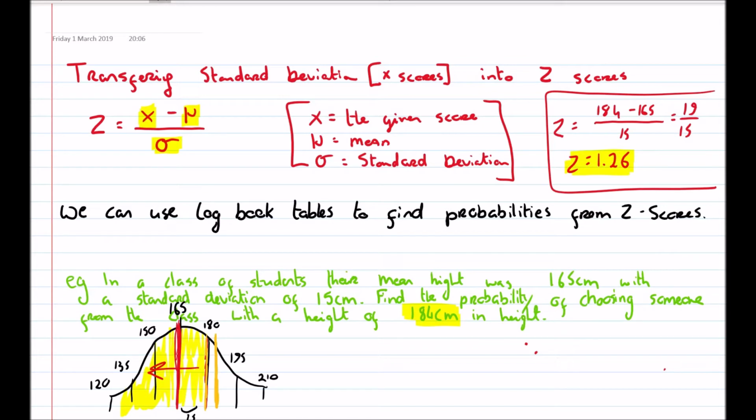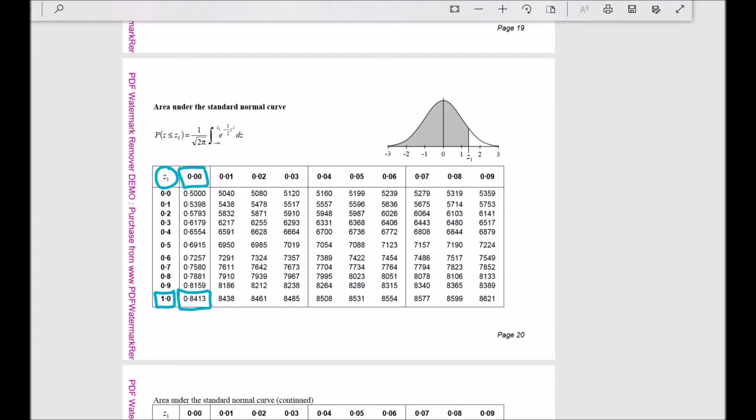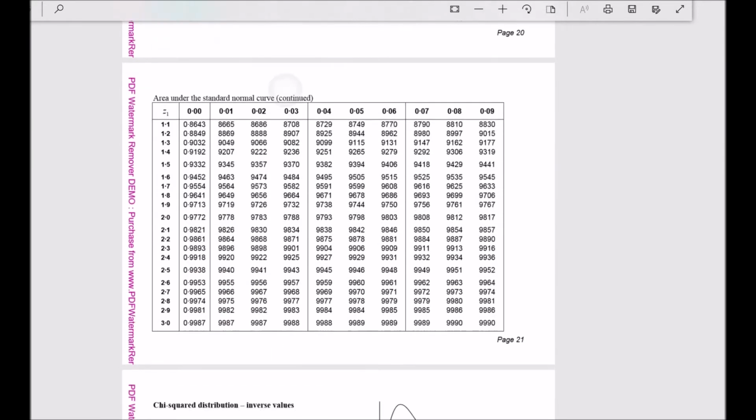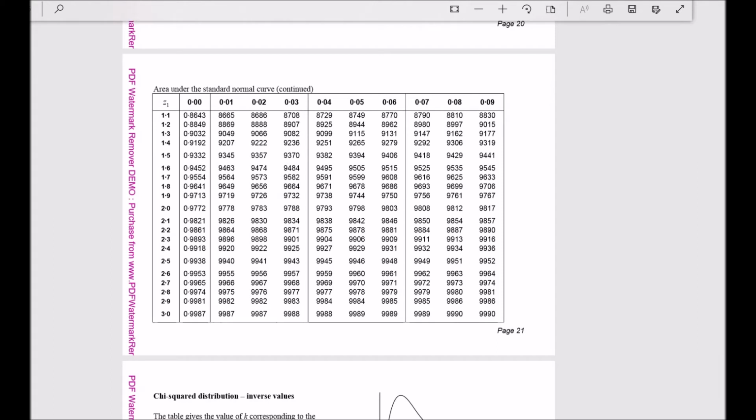Right. Go to my log table, see what 1.26 is. So have a look here. 1.2 is here. But it's 1.26, so I have to go over to this and go down, across.